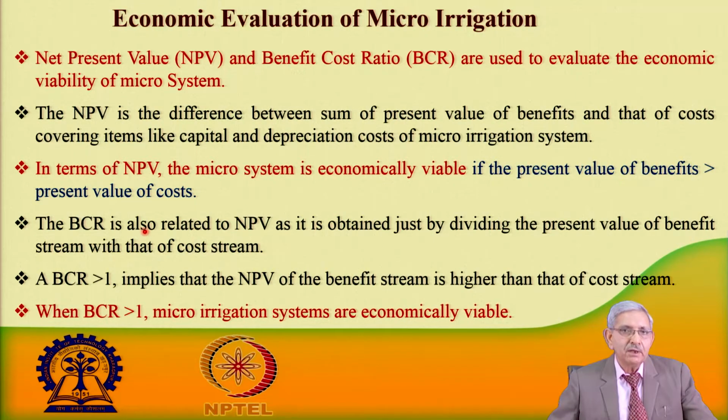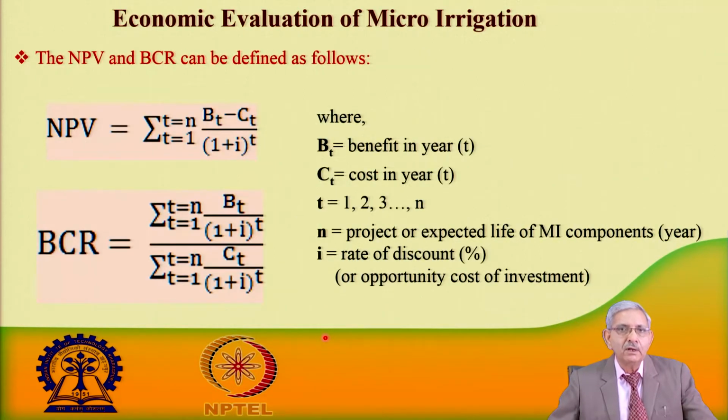A benefit cost ratio greater than 1 implies that the net present value of the benefit stream is higher than that of the cost stream, and the irrigation system is economically viable. It will be economically viable only when the benefit cost ratio is greater than 1.